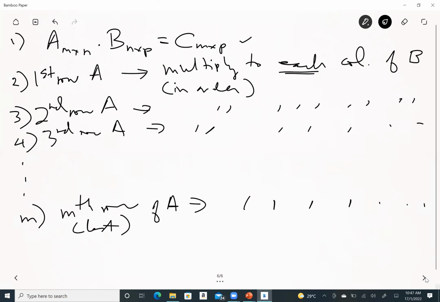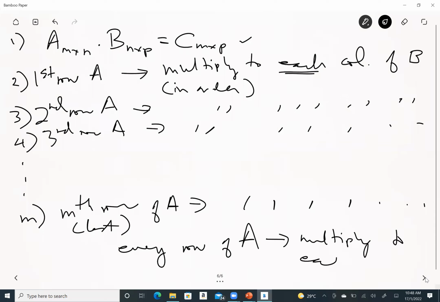So what is the principle? The principle is every row of A, you have to multiply with each column of B. Now that will complete the multiplication.